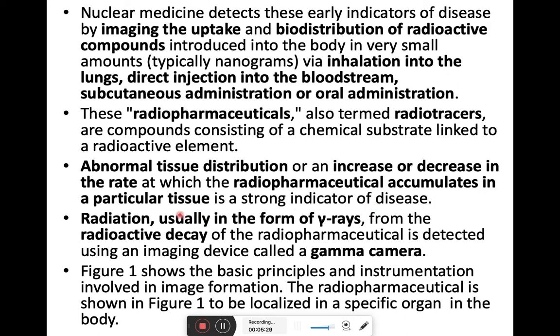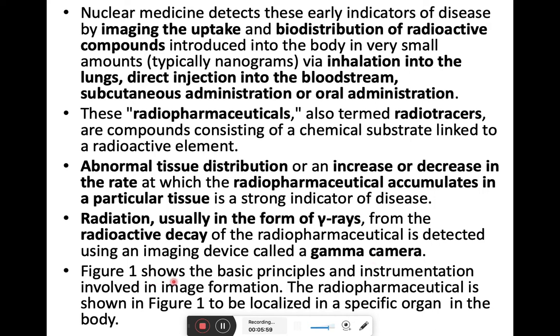Radiation in NMI, or nuclear medicine imaging, is actually not in the form of X-ray anymore, but in the form of gamma rays. It comes from the radioactive decay of the radiopharmaceutical, and it can be detected by using a specific imaging device, which is called a gamma camera.